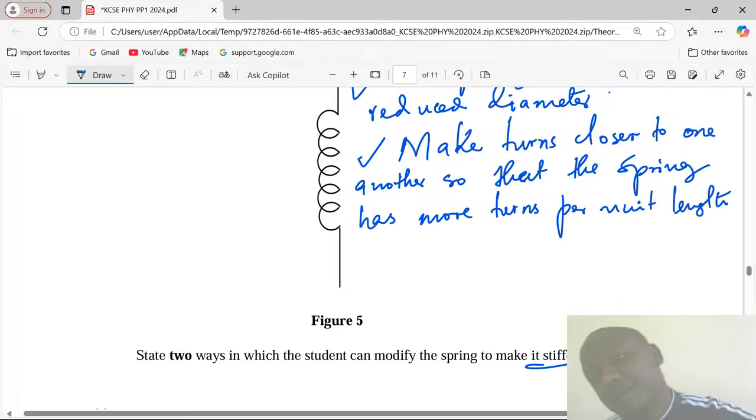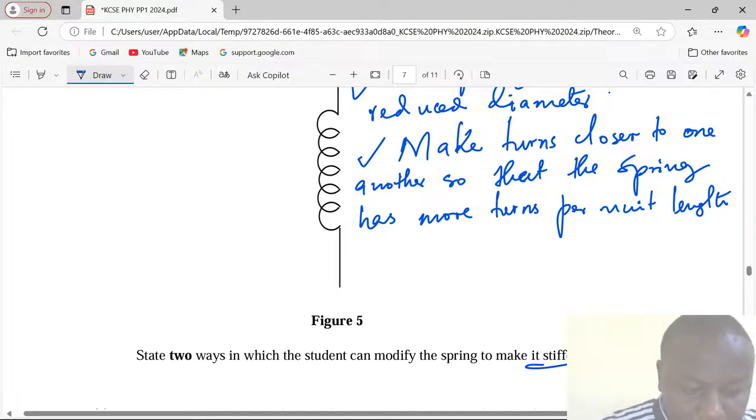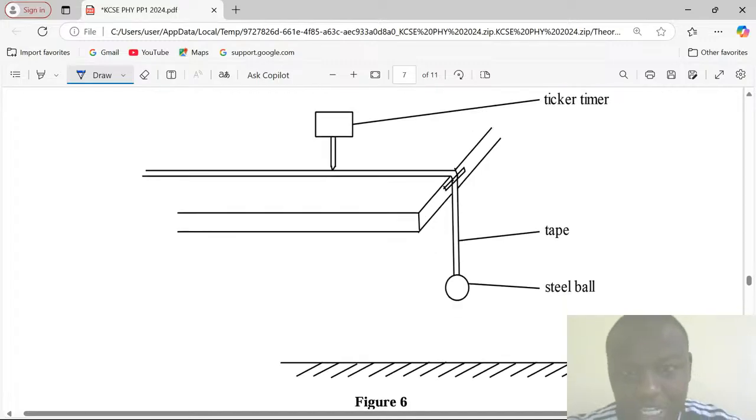More turns per unit length. That is something else that we can do among other measures that we can take.